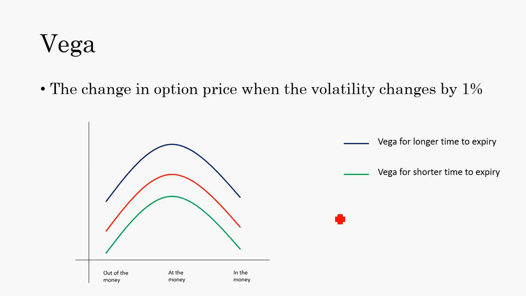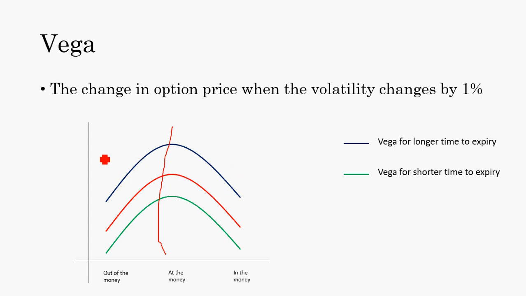Vega talks about the impact of change in volatility on the option price. The impact of Vega is more when the time value of the option is high. So if you look at the money options, they have the highest time value. So the Vega values are high for at the money options. Okay, and also when the time to expiry is larger, the time value of the option is also larger.